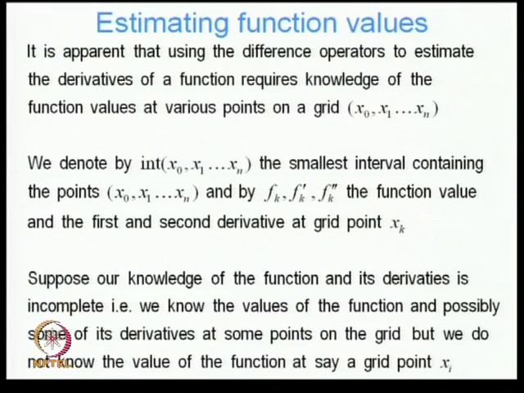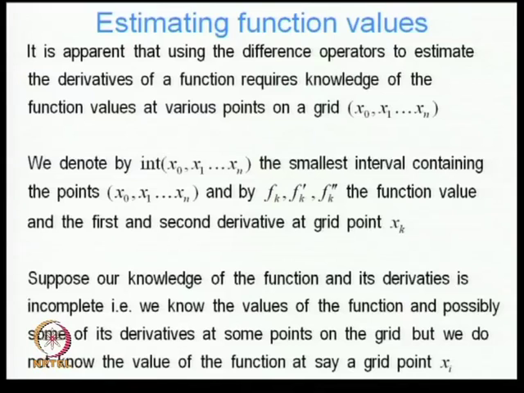So, we denote by interval x0, x1 through xn the smallest interval containing the points x0, x1 through xn, and by fk, f prime k, f double prime k the function value and the first and second derivative at grid point xk. So, this is some nomenclature. Suppose our knowledge of the function and its derivatives is incomplete.